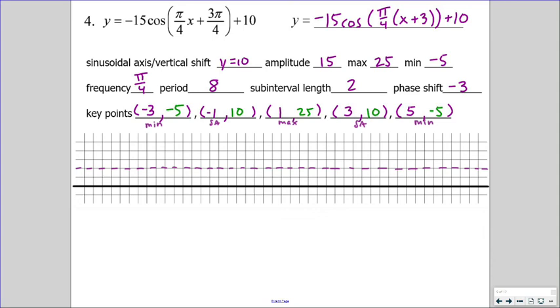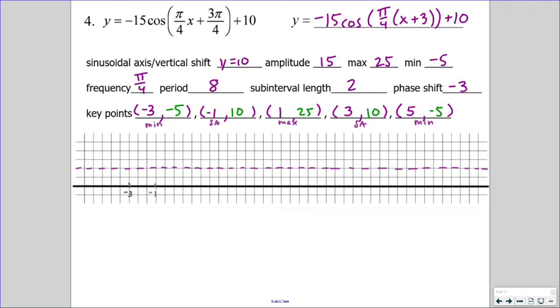Because I've got a phase shift, I want to make sure that I have all of the values along the x-axis labeled first, and then I place the y-axis where it belongs. So our phase shift is negative 3. It's kind of nice because that means we're starting in the negatives, which means we won't have to worry about making sure we include a negative. And we're counting by our subinterval length, so we're going up by 2. So that's going to be negative 1, and I'll space this out a little bit more.